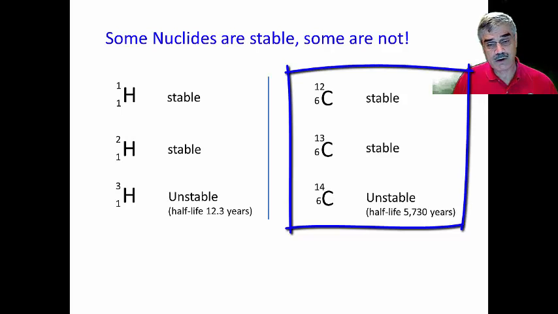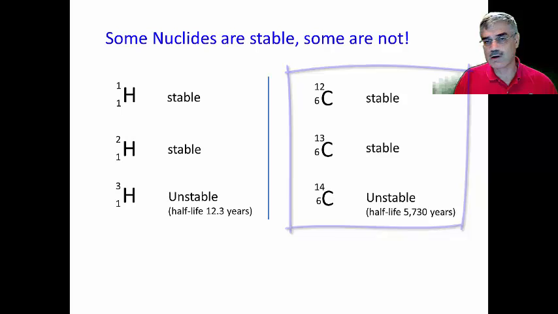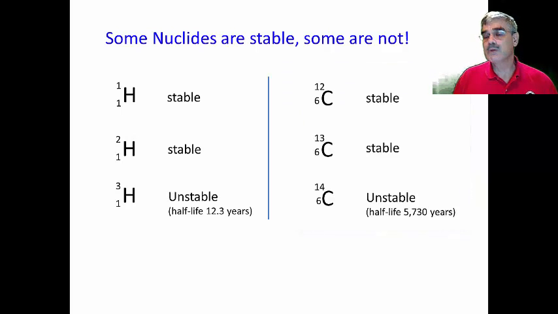Another example would be carbon, which we've been talking about a little bit. We have carbon-12, the most common form of carbon, stable. We also have an isotope called carbon-13. Quick, how many protons and neutrons in carbon-13? 6 protons, that's why it's carbon. 13 minus 6, it must be 7 neutrons in carbon-13. And it is stable.